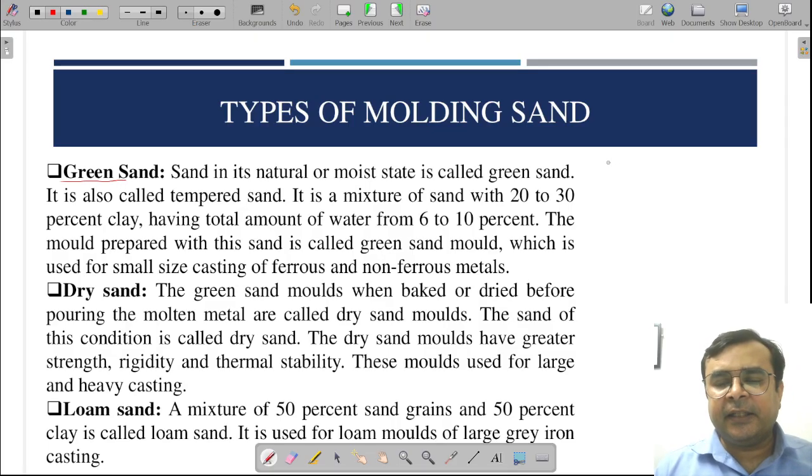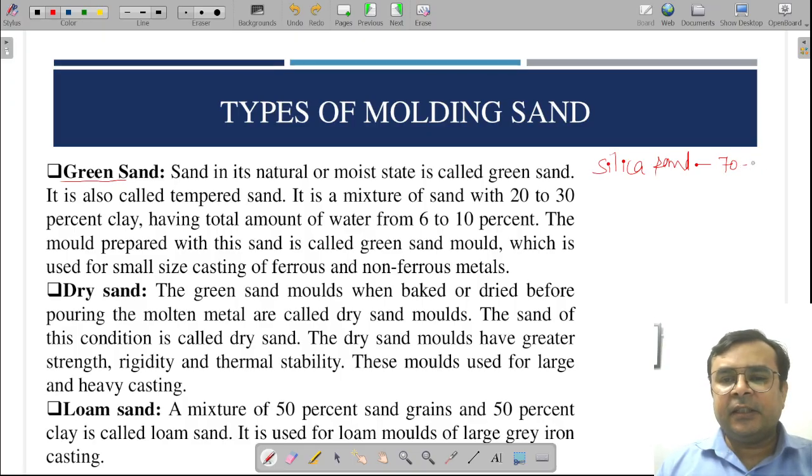So first, we have green sand. If I talk about green sand, in this we have silica sand, and its quantity is around 70 to 80%. And clay, around 20 to 30%. This is the ideal composition, but actually we consider less than this percentage.